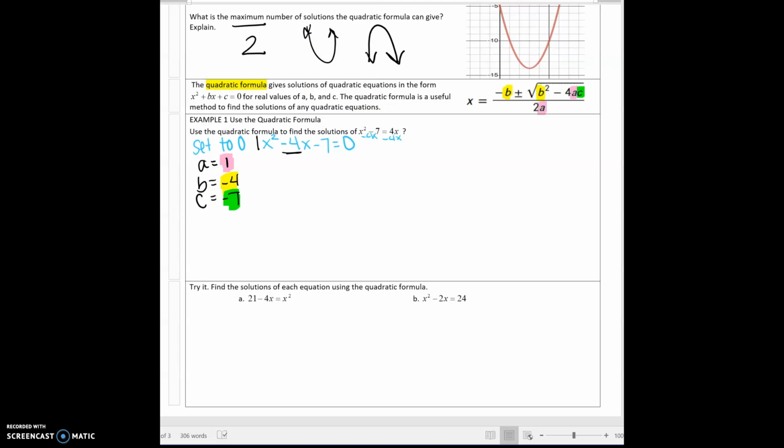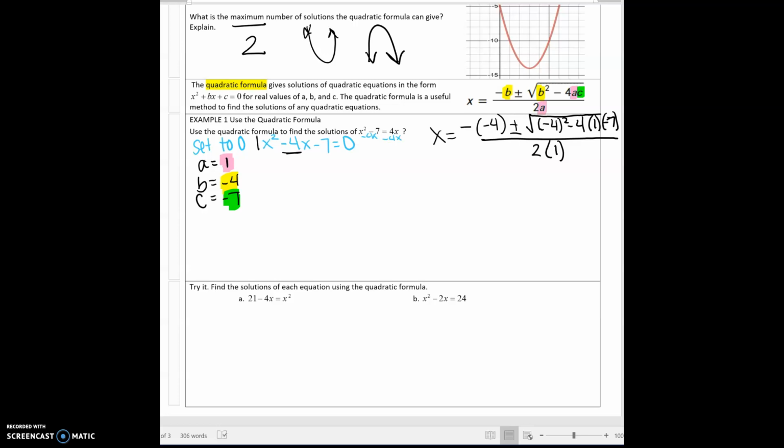Okay, so we're going to plug it in. So x equals negative b, which is negative 4, plus or minus the square root of negative 4 squared minus 4 times our a times our c, and then all divided by 2 times our a.